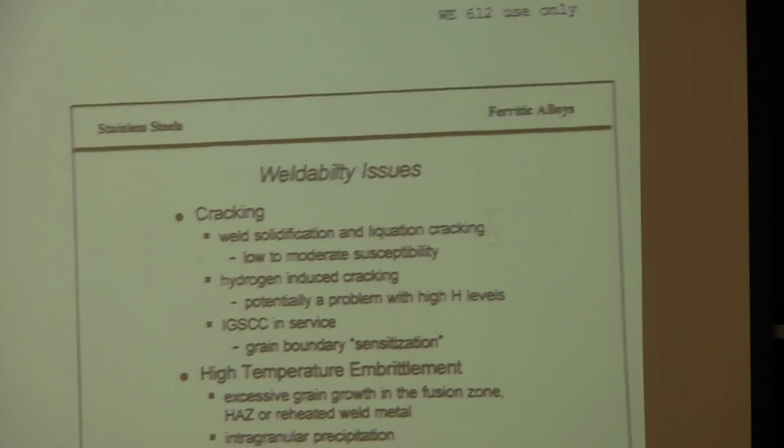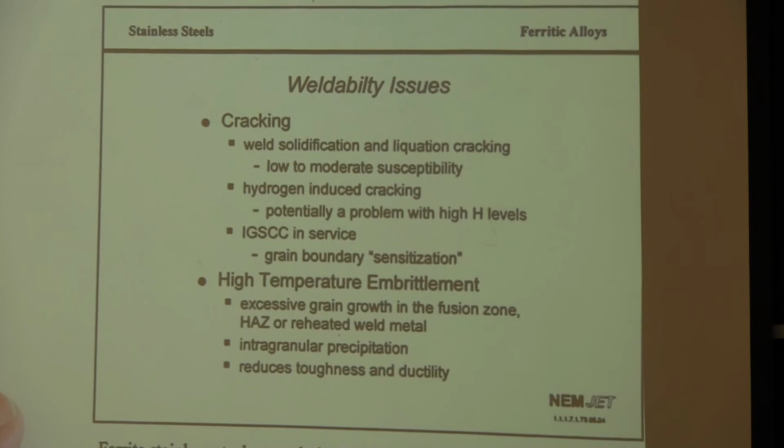There's basically a couple of things that you need to worry about in welding the ferritic alloys. One is cracking. The other is there's various forms of embrittlement. Cracking due to weld solidification and liquation cracking, it's not as high in the ferritic alloys as it is in the austenitic alloys.